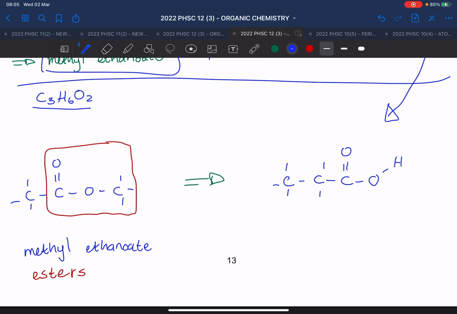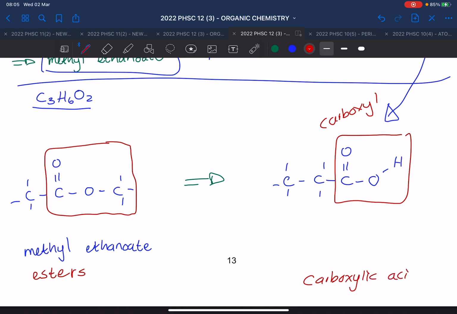For a sweetie, to which homologous series does this compound belong? What is the functional group of the carboxylic acids? Almost. So this here is the carboxyl group, the functional group, and it belongs to the carboxylic acids.